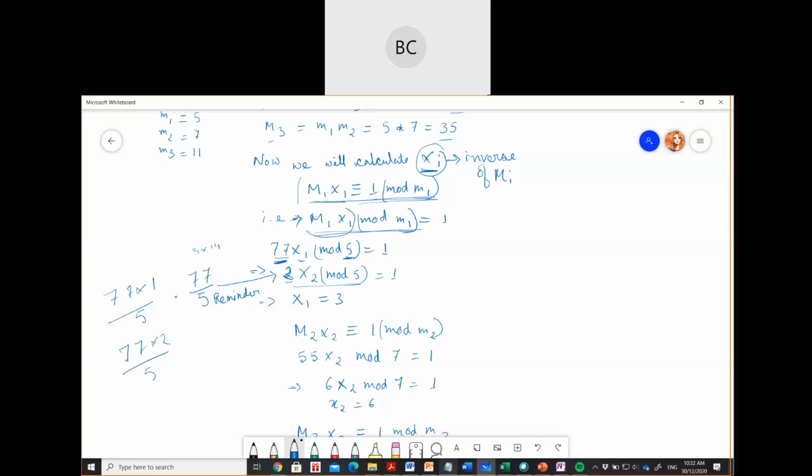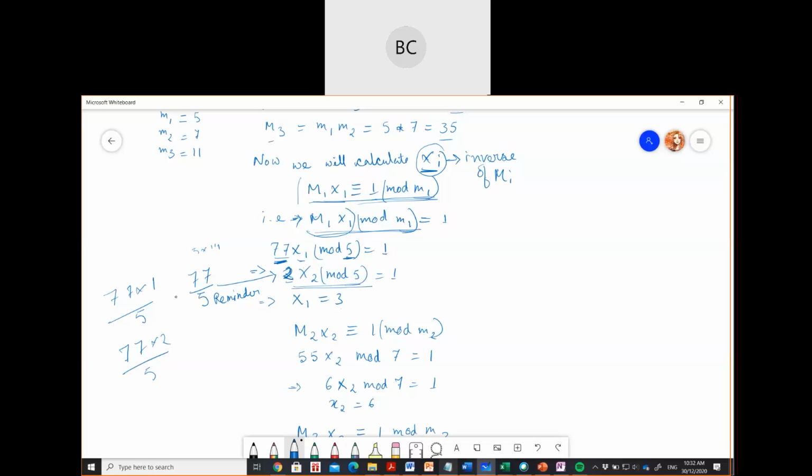Yes, 15. So 15 into 5, 75. So 77 minus 75 is 2. So this is the remainder, 2 x1, 1. So this is a bit smaller version. So if you make it a bit smaller, then it will be easier. But ultimately the method is the same.